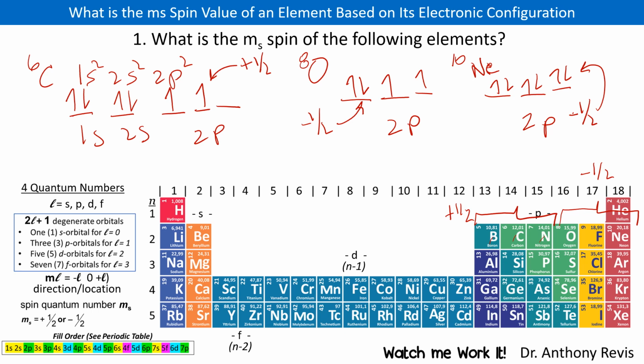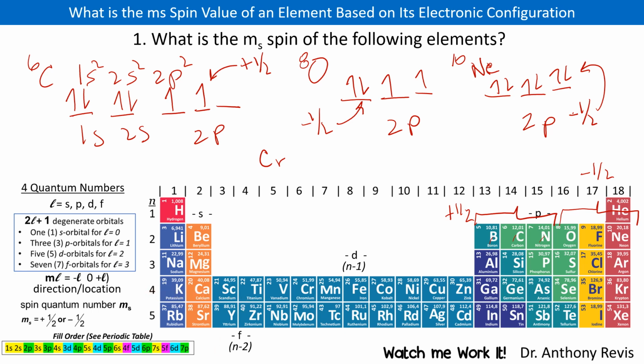Okay. Let's just do one more here. Let's do chromium. If we look at chromium, we're just going to start right in at the d orbital, since the others are completely filled. So we start at quantum number 4 in value 4 for this period.